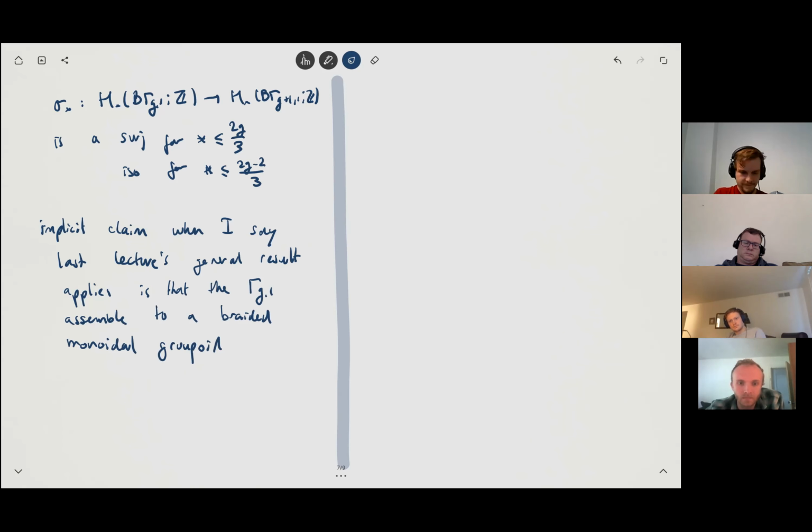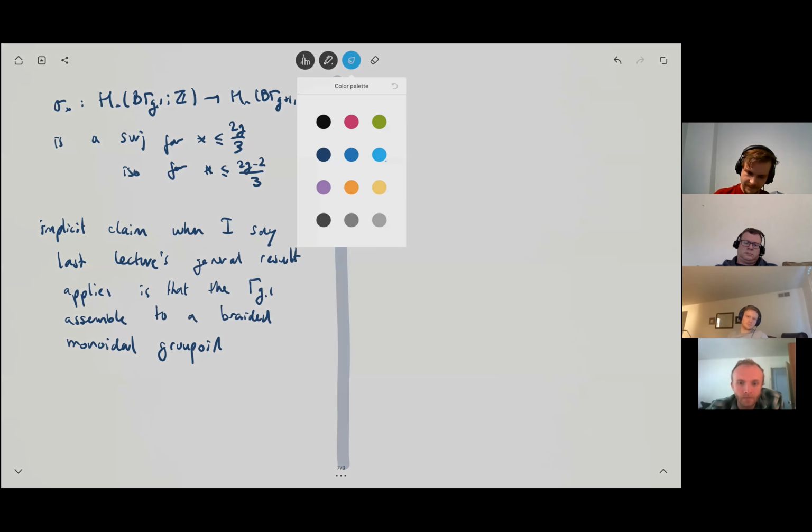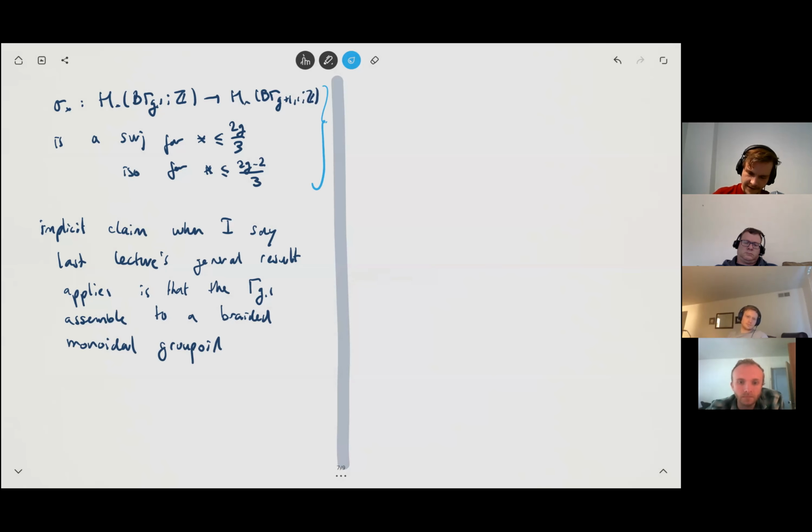Okay. So what this result says informally is that the homology in fixed degree is eventually constant.